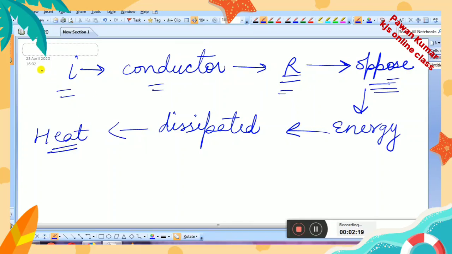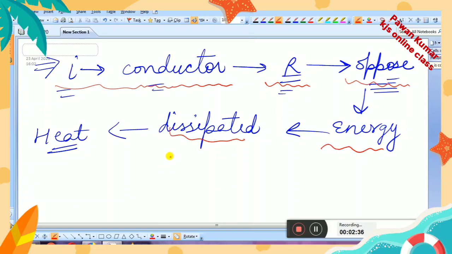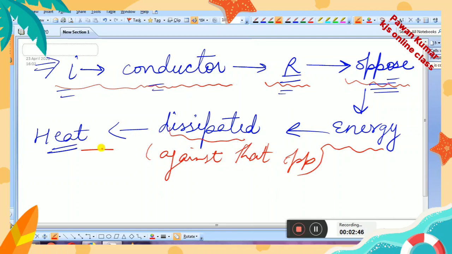That energy comes out in the form of heat. So what is our statement? Listen carefully. When current flows through a conductor of resistance R which opposes its flow, then some energy is dissipated against that opposition, and that energy comes out in the form of heat.